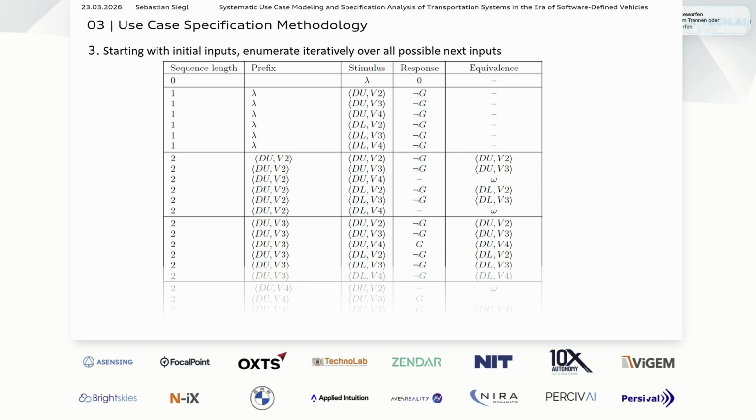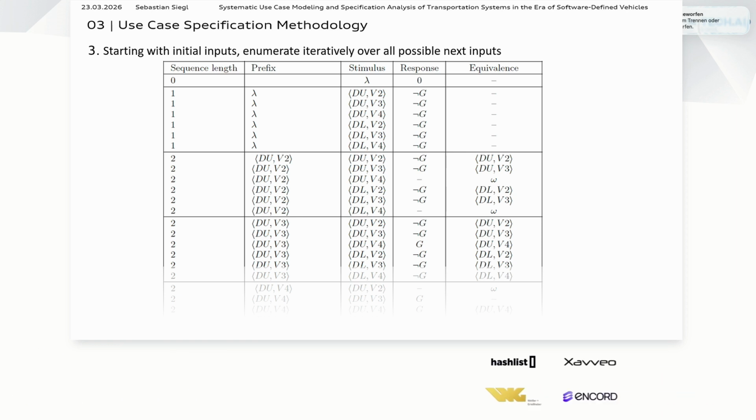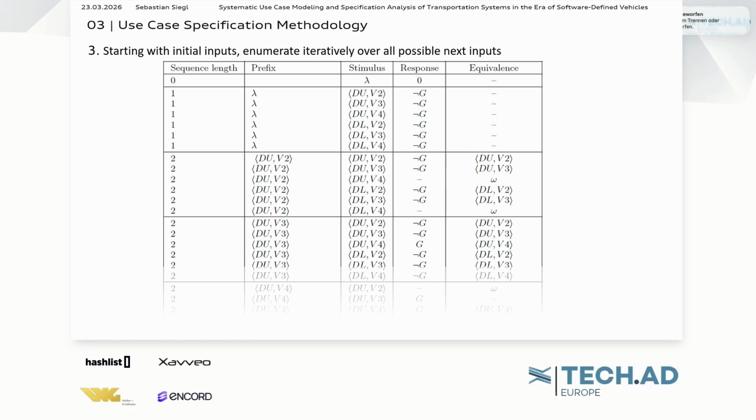And in this step, you start with the empty input, so there's nothing exchanged, and then you iterate over the different equivalence classes that represent the data, in the sense of which functional behavior, which functional expectation you have from your partnering system in the vehicle.